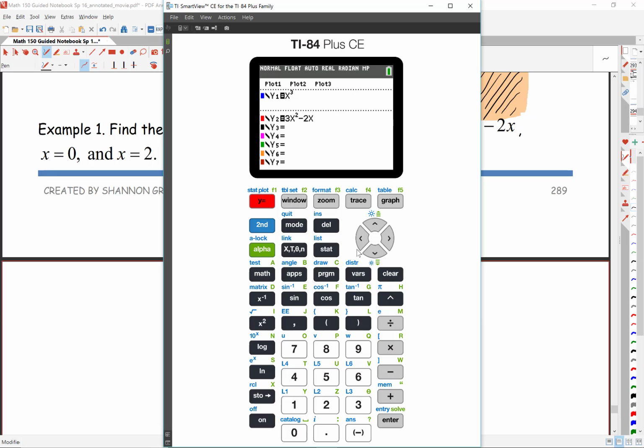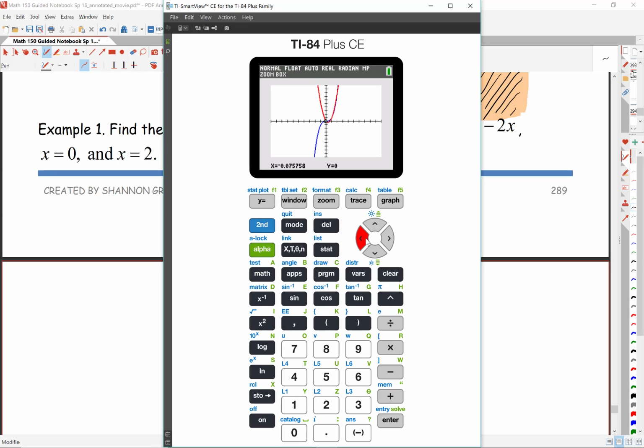Can you see, it's pretty hard to see what's going on, and we're integrating from x is 0 to x is 2. So what we want to do is figure out what's really happening there. You can go to something called Zoom Box, and it allows you to box the region that you're interested in.